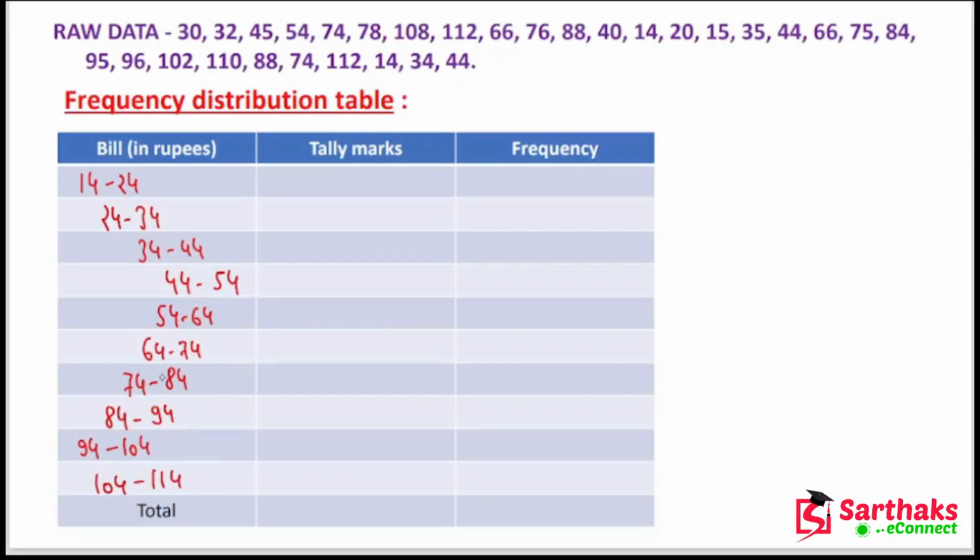So these were the class intervals. I have written in this format so that it is easy for you to understand, so they do not get messed up. But you should write in a column so as to have more space.